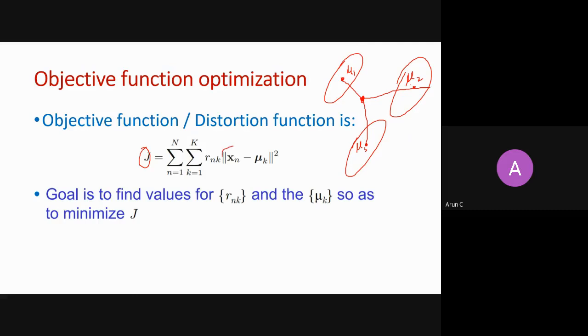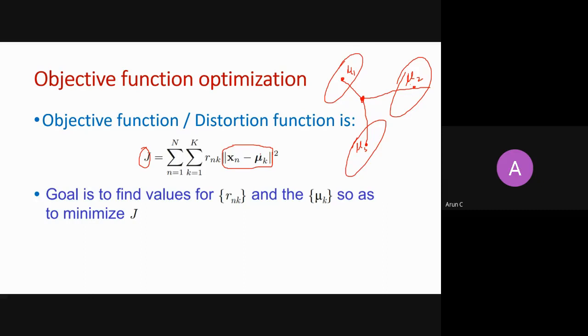So this term is nothing but the Euclidean distance of my x from the kth prototype vector, or kth centroid. Centroid is not exactly the right term, but because you might have read it that way, just to make you understand, I am using this word. So it is like the prototype vector for the kth cluster.